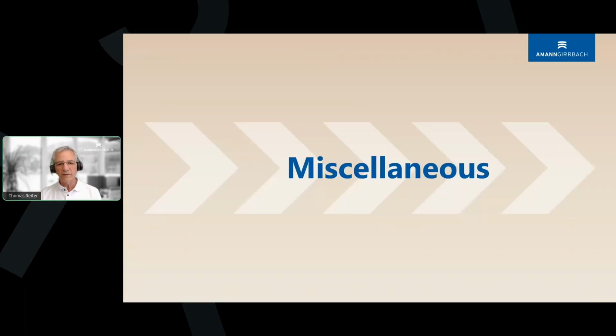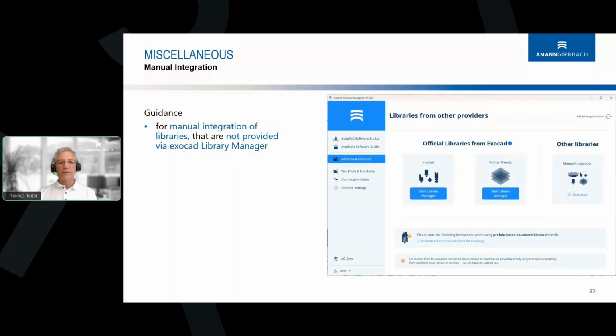Furthermore, we have always some small miscellaneous, starting with the manual integration. I talked about this area before in the additional library section. This area is actually made for libraries that are not available through the Exocad library manager.